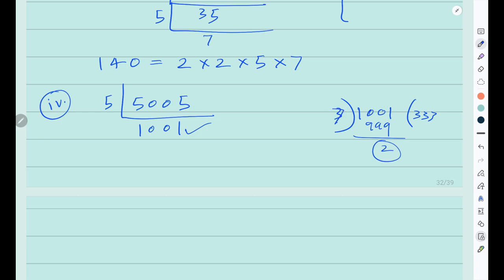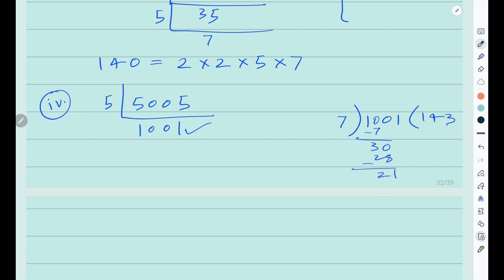Maybe 7. So just like that you need to make sure that you break it down into prime numbers. Okay, let us try 7 once. 7 1s are 7, 7 4s are 28, 21. Yes, actually we can divide it by 7, and then we get 143.